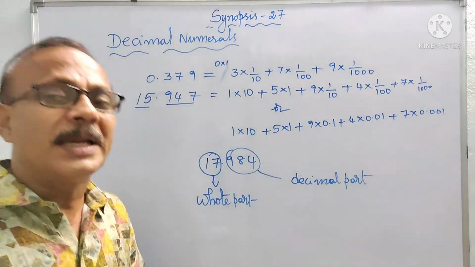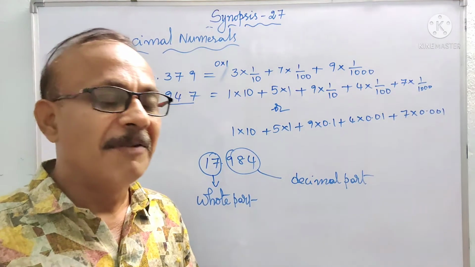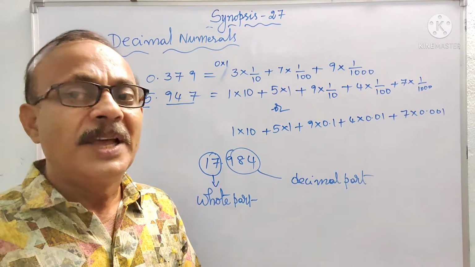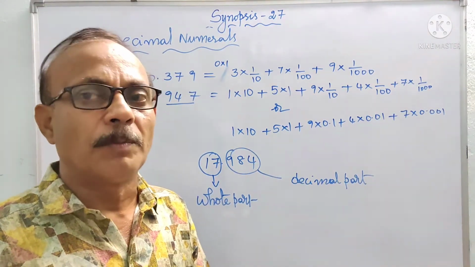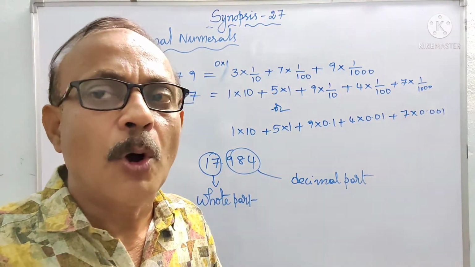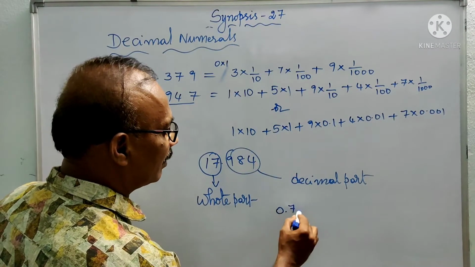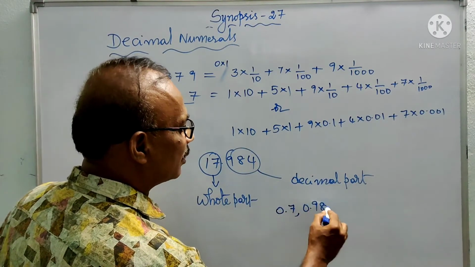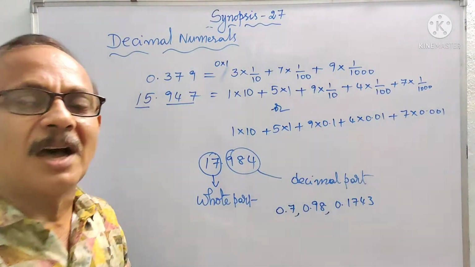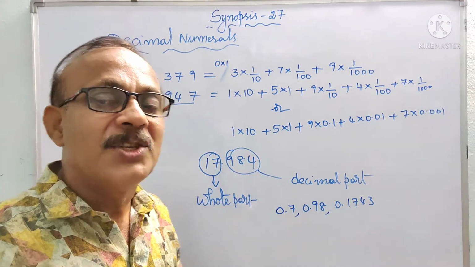And there are decimals where you don't have any whole part. Their value is always less than 1. If there is no whole part, it is nothing but 0, so it is customary to write 0 whenever there is no whole part. That is 0.7, 0.98, 0.1743, etc. All these are decimals where there is no whole part.